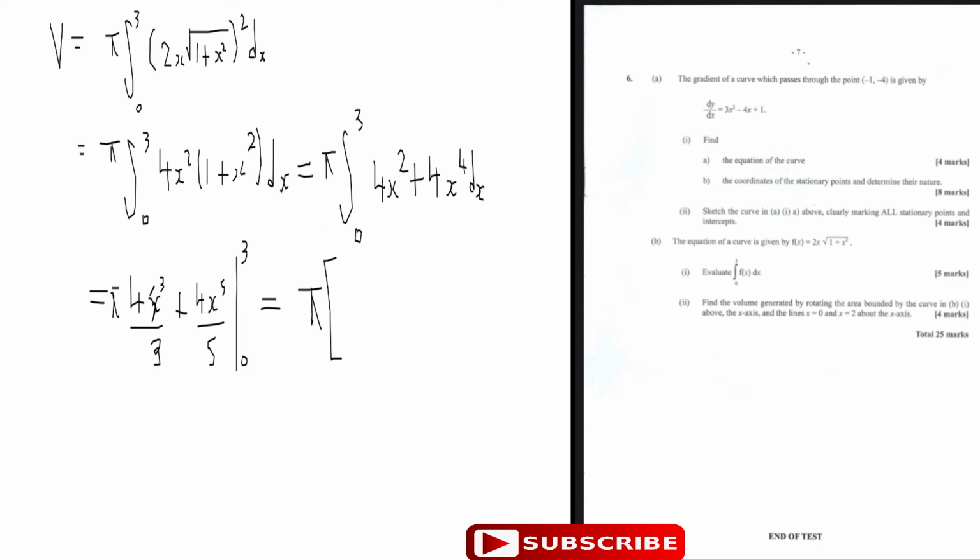So plug in 3 now. We're going to have 4 times 3 cubed divided by 3, that's 36, plus 4 times 3 to the 5th power divided by 5, that's 194.4.